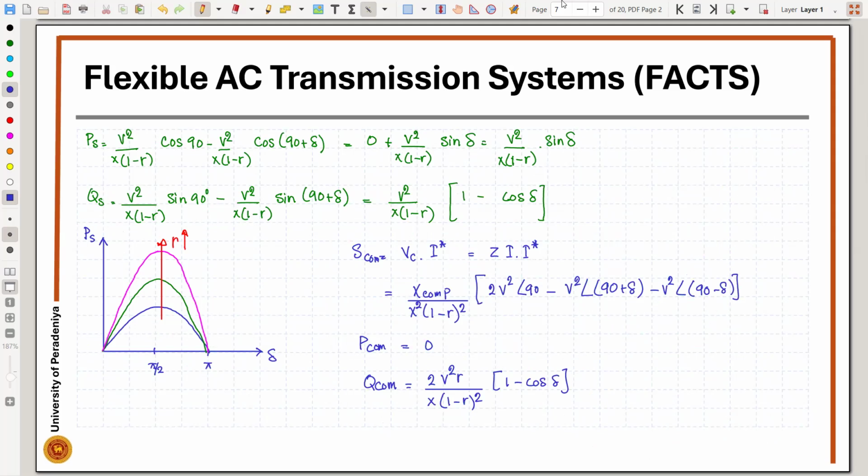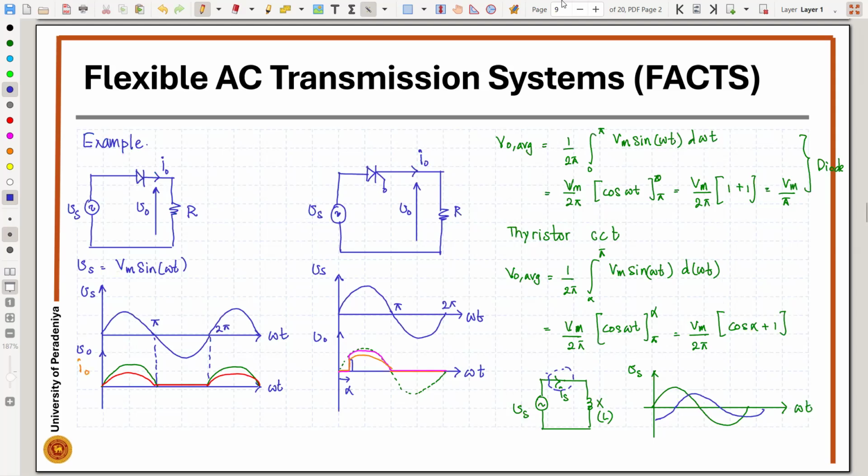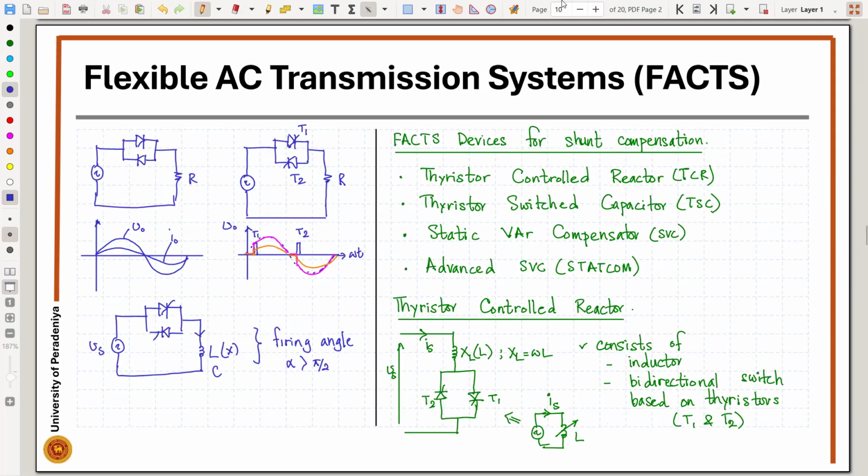So there are advantages and disadvantages going with the shunt or series compensation. After that, we looked at what are the options that we have. So we revised the thyristors, which are used with the FACTS devices, their characteristics, what would happen when we vary the firing angle, how the output voltage varies with a resistive load, and then we extended it to capacitors and inductors.